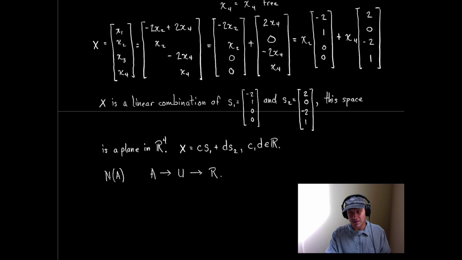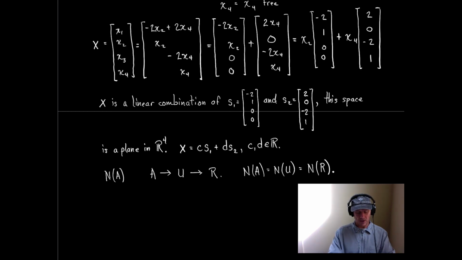And the x part and the 0 never changed. So in the end, we can say that the null space of A is equal to the null space of U, because they're always just equal to 0. The right-hand side never changed. It's also equal to the null space of R. And there we have it.